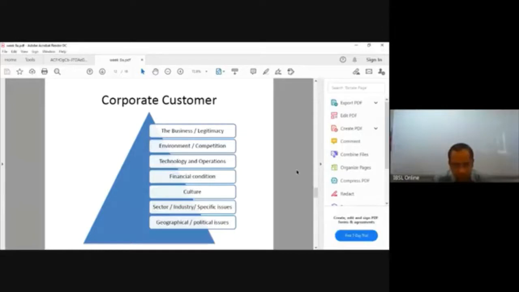Geographical and political issues also matter for a corporate, how it affects them, we must know. Like somebody who is a telecom operator: the TRC rules, the Telecom Regulatory Authority rules matter, and taxes on the call charges, how that is imposed, can change the business model, right?